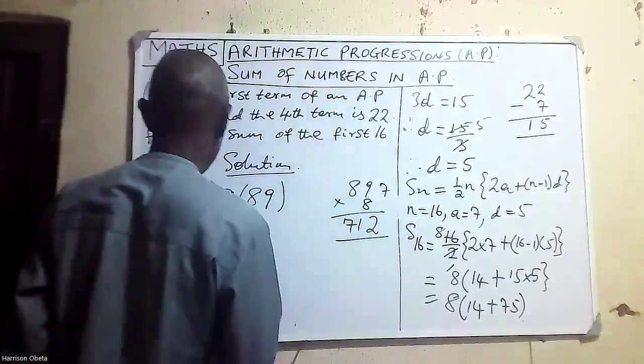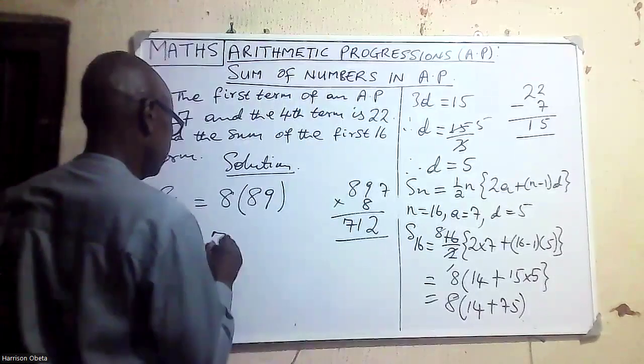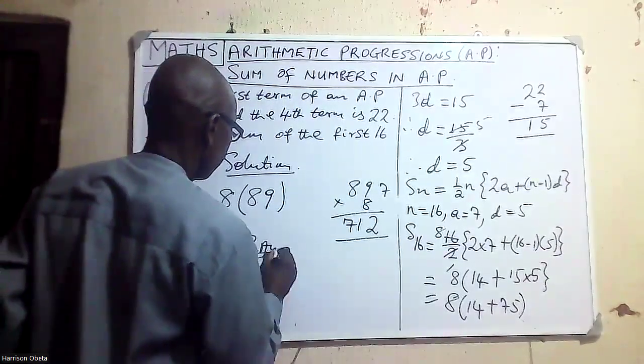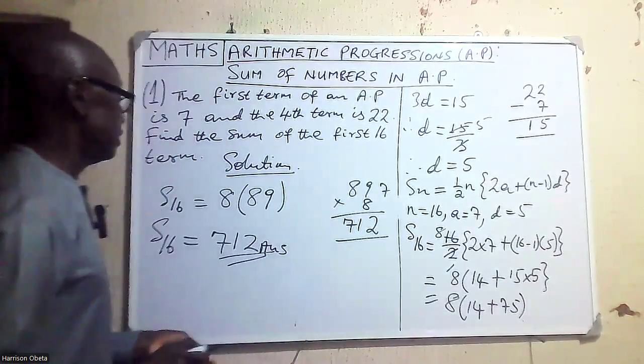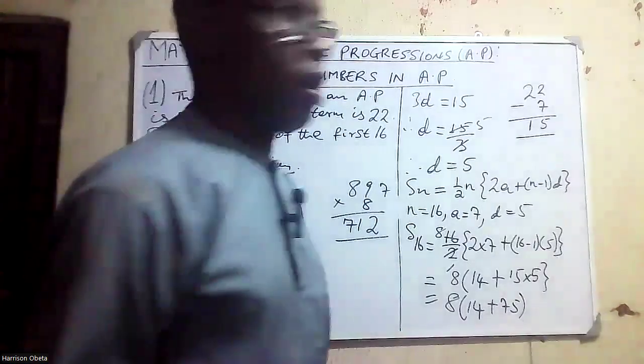Which means that S16 is equal to 712. And that is the sum of the first 16 terms. So that is the end of question number 1.